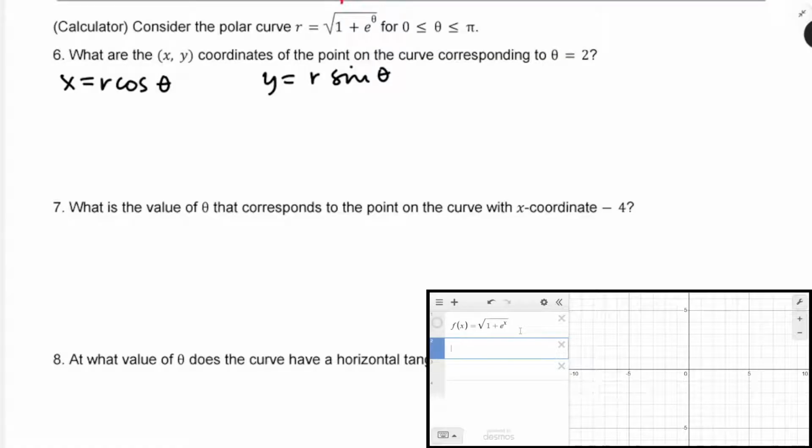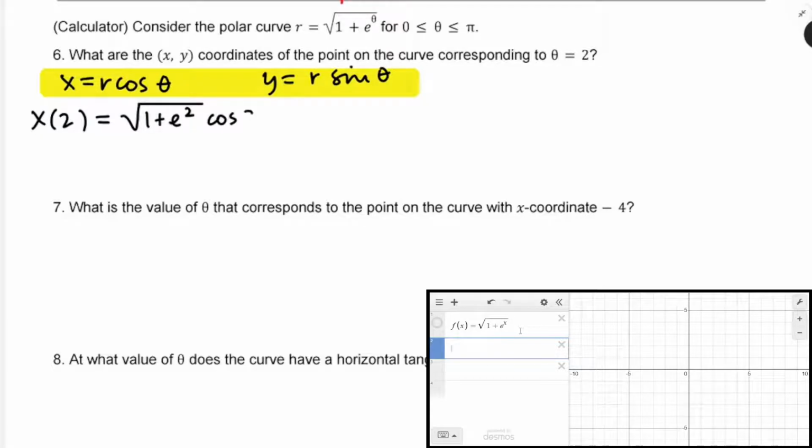And so at theta equals 2, x of 2 equals the square root, r of 2, 1 plus e to the 2 times the cosine of 2, and y is going to equal the square root of 1 plus e to the 2 times sine of 2. You could type it in like that, but we probably don't need to do that. You can just do f of 2 cosine 2.